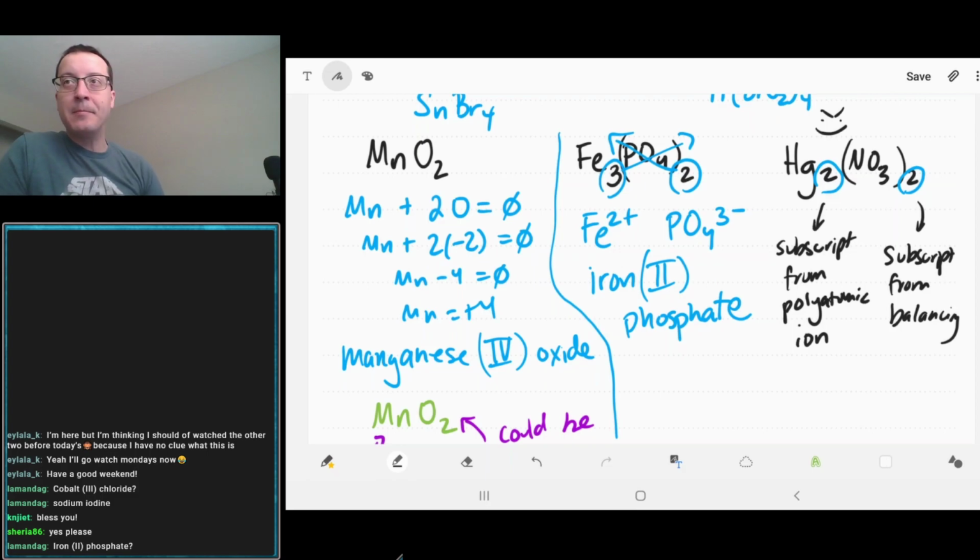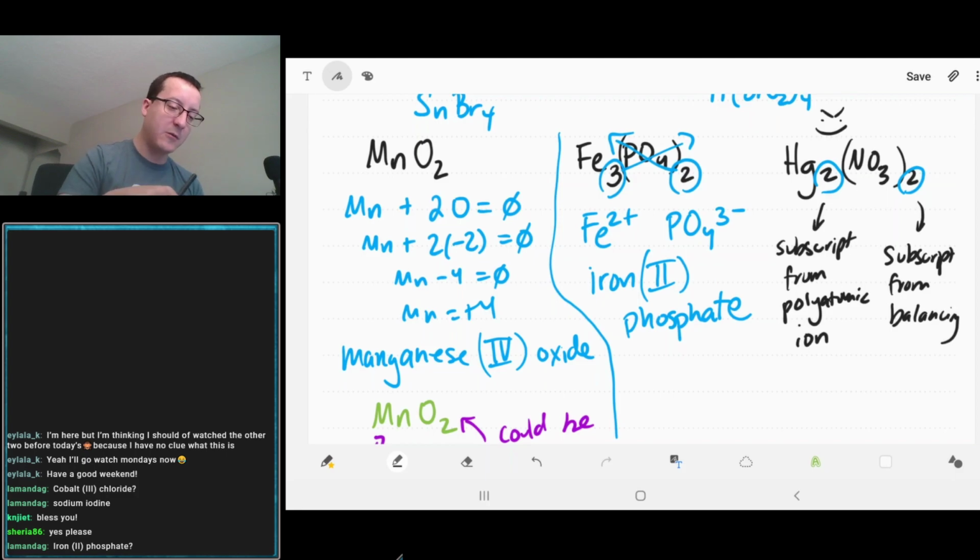That's that 3, the NO3. And so, because that 2 there is outside the parentheses, that has to be a subscript from charge balancing. And so, because these are both the same, that tells you that the other subscript is not from balancing. And if it's not from balancing, it must be from a polyatomic ion.